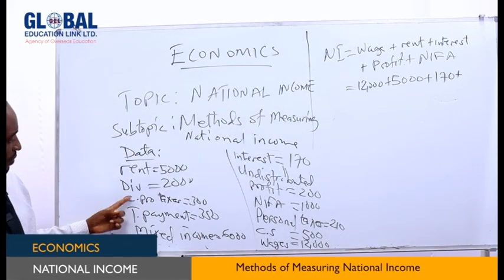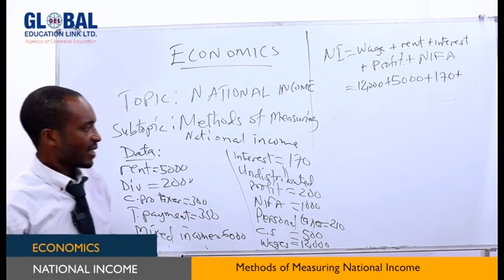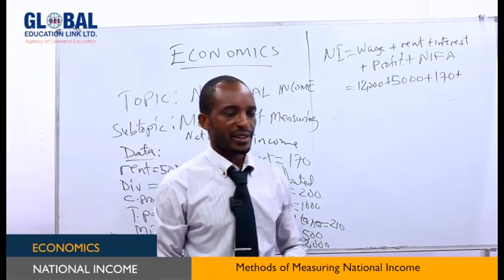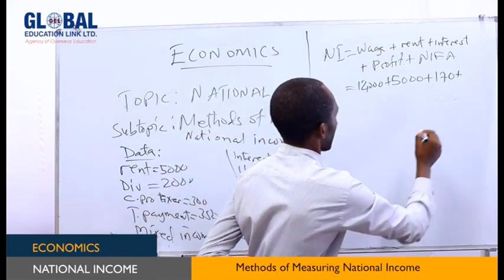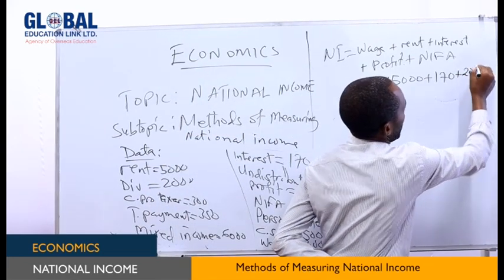Here, for the profit, you take the dividends, the profits in shares, so you add it. Dividends, which is 2,000.